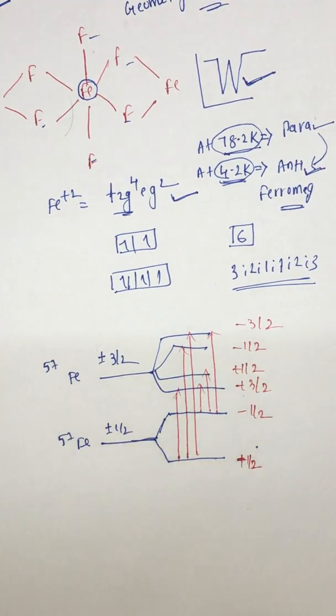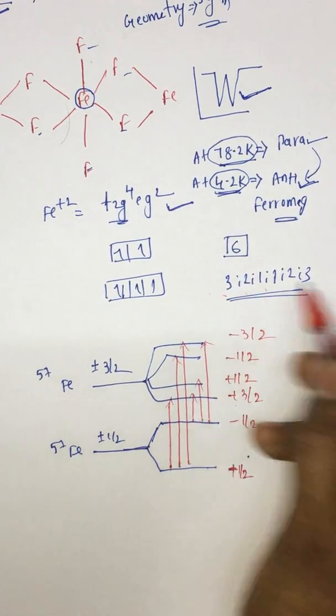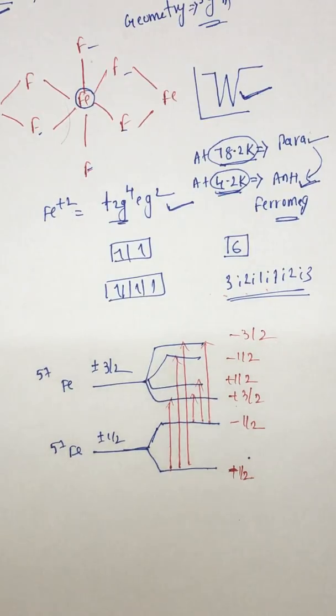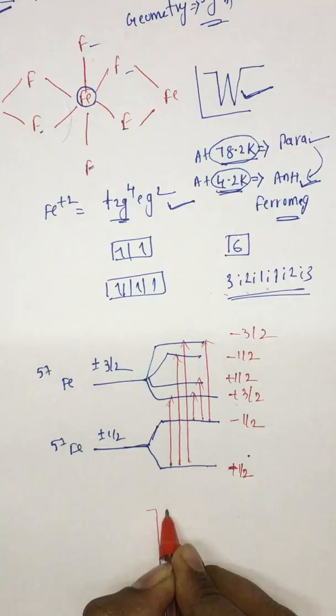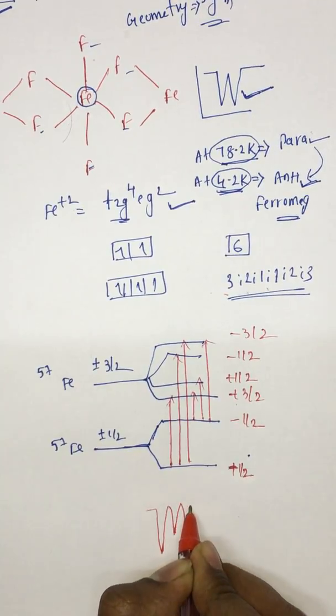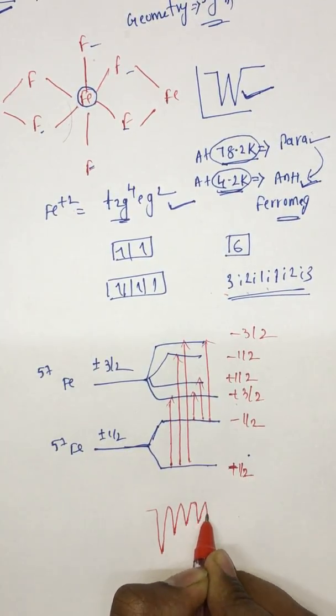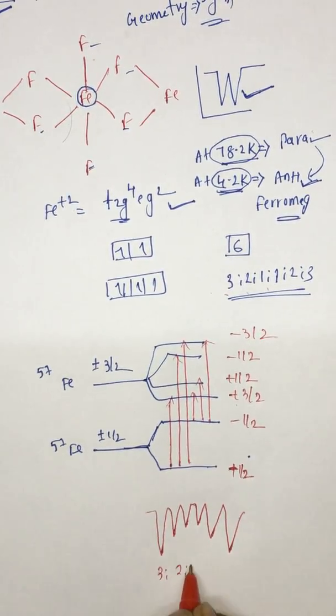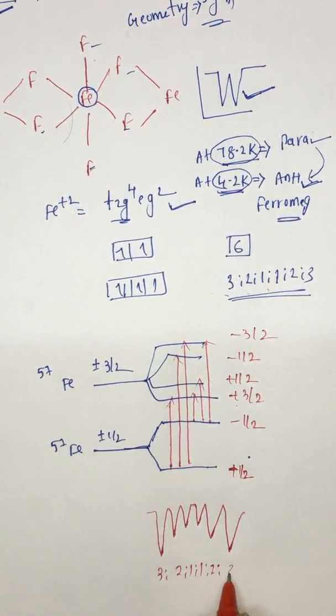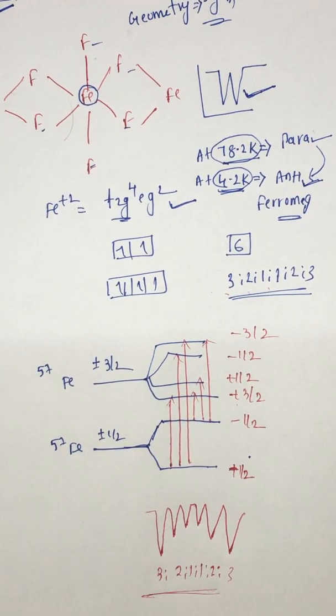So here 6 transitions come in the ratio of 3:2:1 and 1:2:3. So the spectra looks like this. This is 3:2:1:1:2:3. So this is about FeF2.